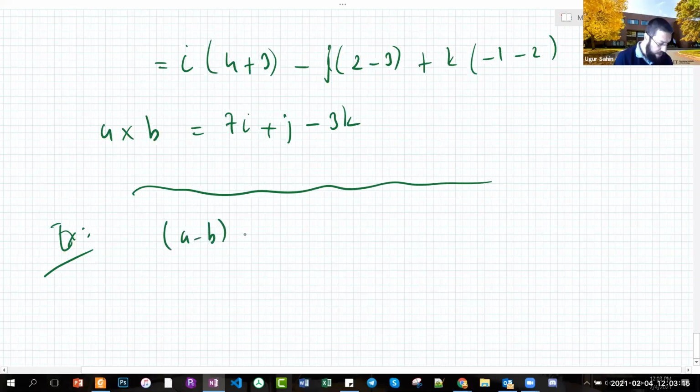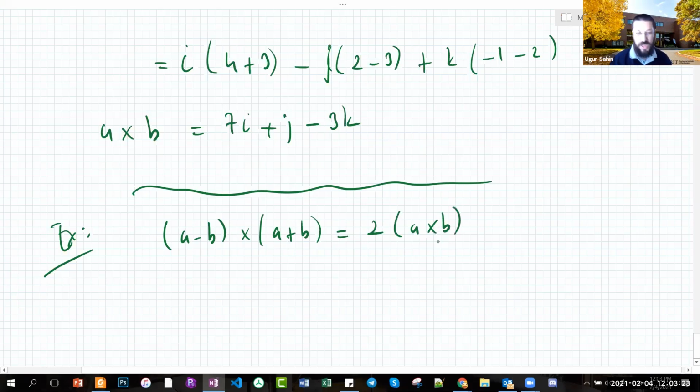A minus B cross A plus B is equal to 2 times A cross B. Can you prove it? You just need to use the features of the cross product.